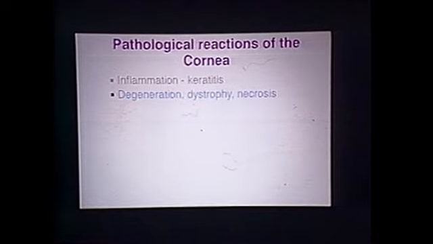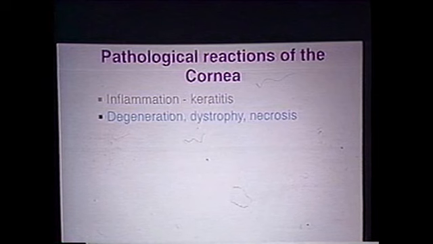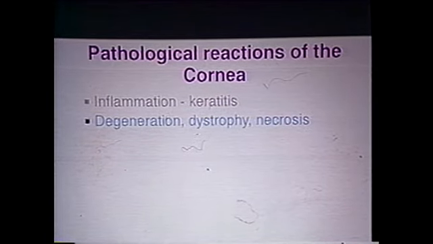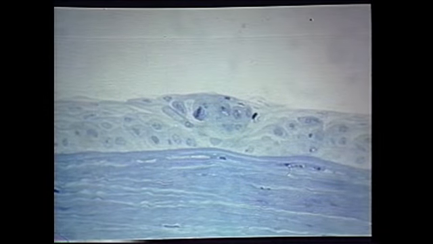The next pathological reaction to mention is the one of degeneration or dystrophy or necrosis. This slide shows early dystrophic change in the epithelium, giving this characteristic V-shaped appearance of the cells.